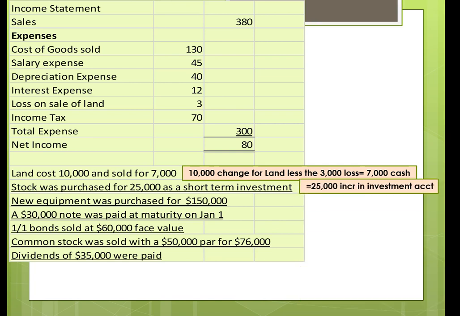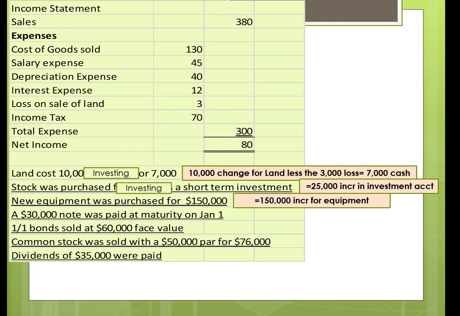Now, the 25,000 equals the increase in the investment account, so we're going to be able to use that. And the 150 increase for equipment equals what we said we'd use to buy new equipment, and we know that these are all transactions associated with investment activity.